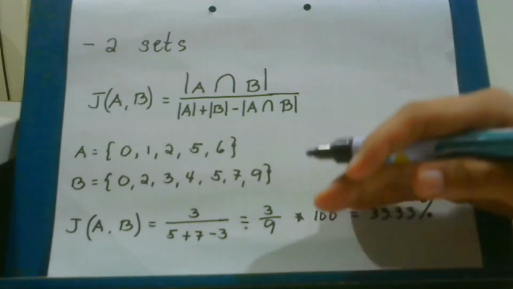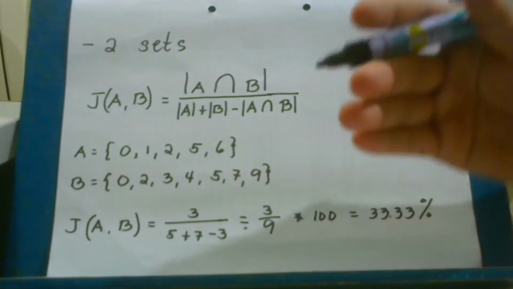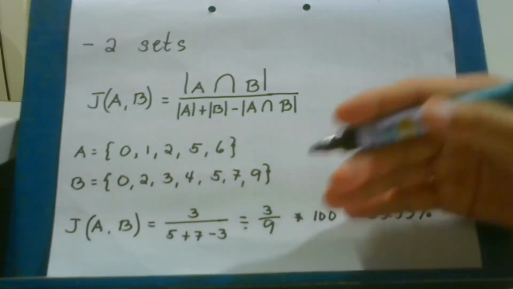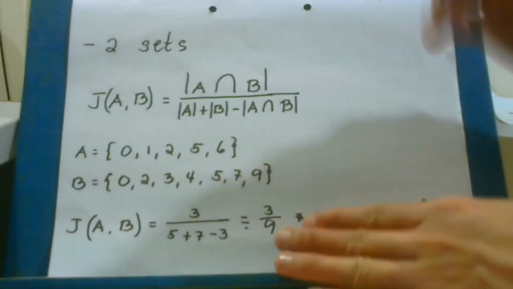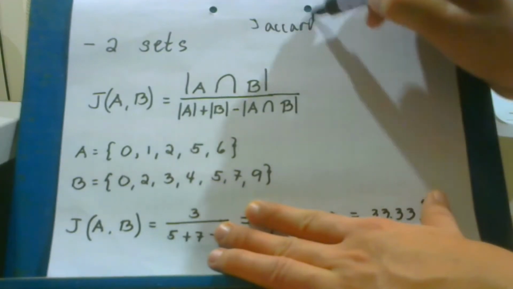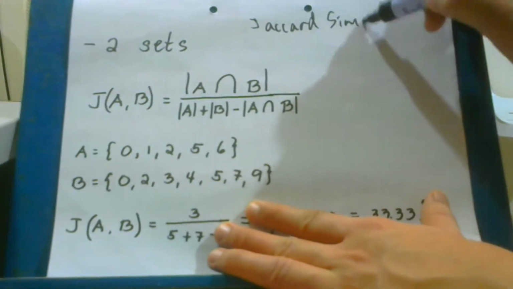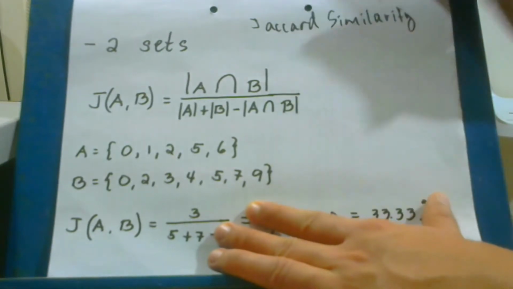To understand how to use Jaccard similarity or Jaccard index in machine learning, we will learn how to compute Jaccard similarity. Jaccard similarity is actually a very interesting lesson in machine learning.